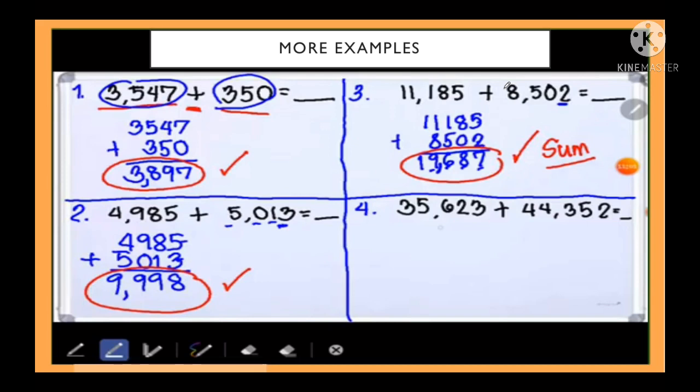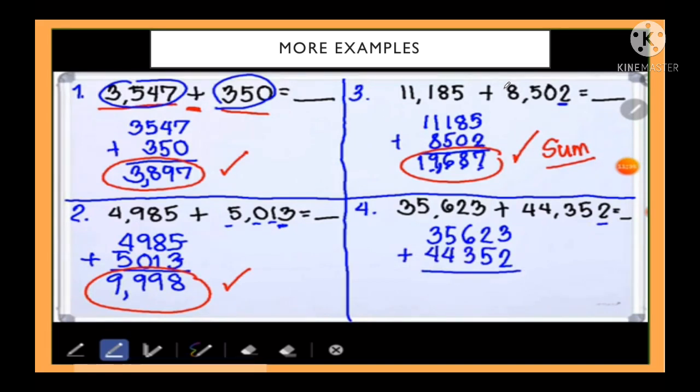Now let us write those. Start with the 35,623. And then we will start here in the ones place. So we'll put 2, 5, 3, 4, 4. Do not forget the symbols.